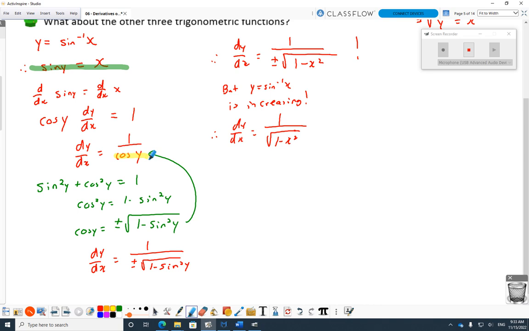So then I played around with sine squared y plus cos squared y equals 1 and isolated cos y and found out, oh, cos y is equal to this mess here, which I substituted in there. And then I had this mess, which then I was really unhappy with. But then Dylan bailed us out and said, oh, sine y is x. So now that I've converted over to sine y's, I can convert over to x's. It's good?